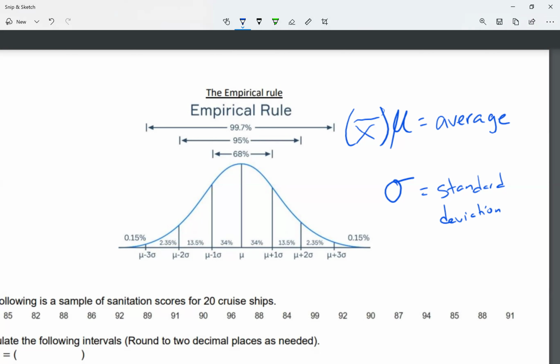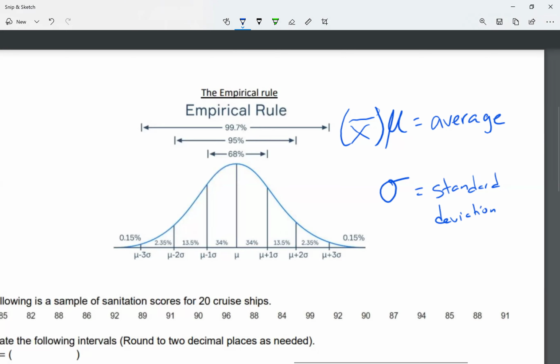Now, the empirical rule states this: let's say I have some data and I plug it in on a number line up here, and here I have my average. There's going to be a bunch of numbers around my average, and then some numbers to the sides that are not going to be that many, but it's going to look like that.